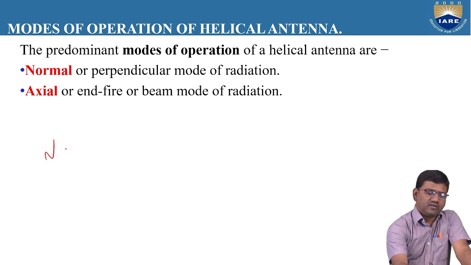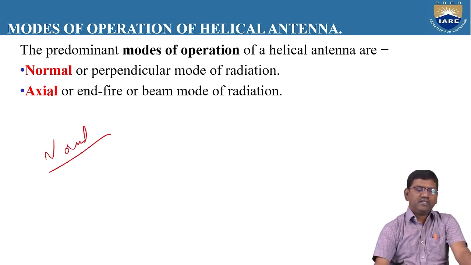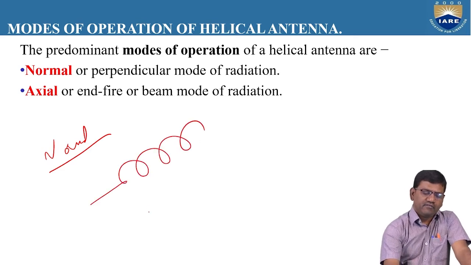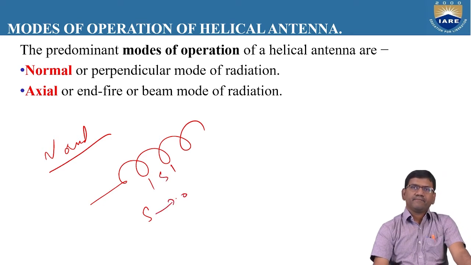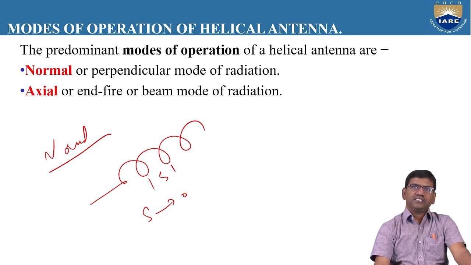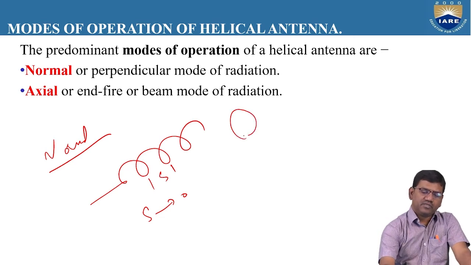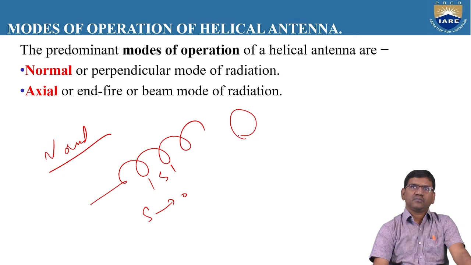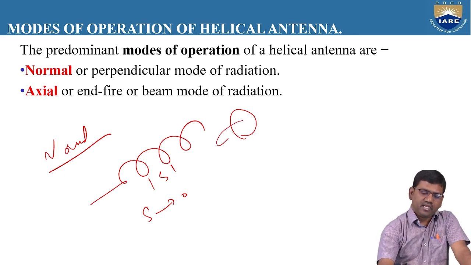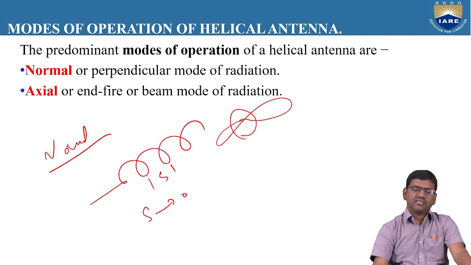In the normal mode, see here, when the spacing tends to 0, this helical antenna vanishes and it is formed like a single loop. For this single loop, the radiation pattern is bidirectional.